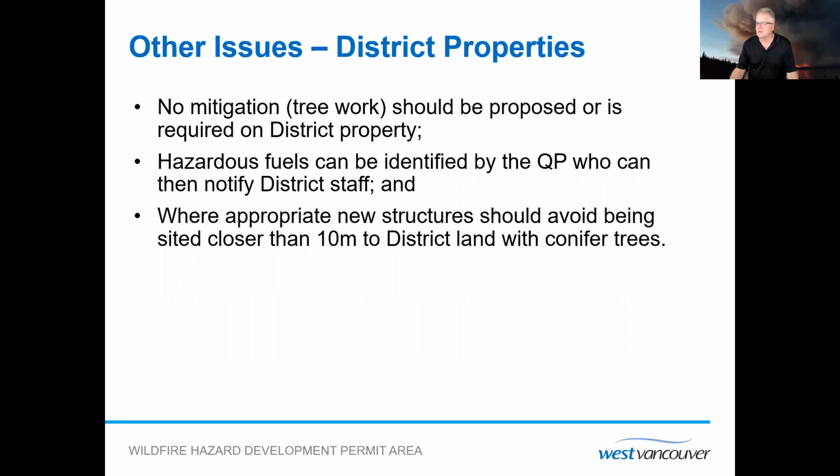That's really because if the conifers catch on fire, they generate within 10 meters enough radiant heat to start any vulnerable part of the structure on fire. So that's where this 10 meters is from: the heat load dissipates over that 10 meters, and will not start the structure on fire.